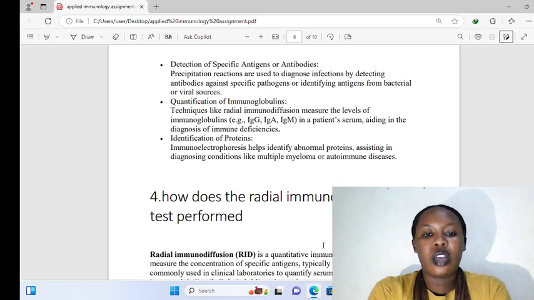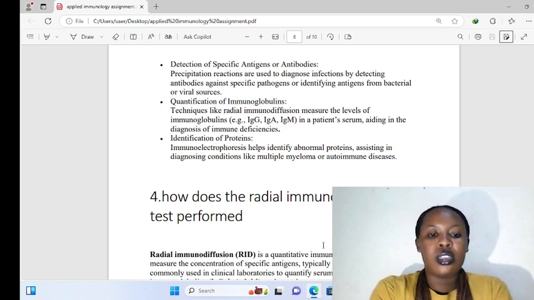Precipitation reactions are used to diagnose infection by detecting antibody against specific pathogen or identify antigen from bacterial or viral source, and also in quantification of immunoglobulin.